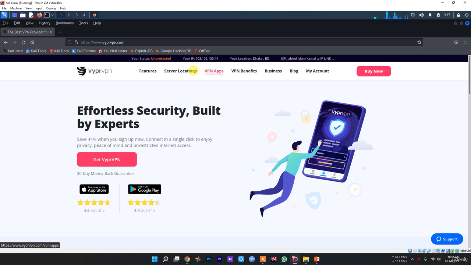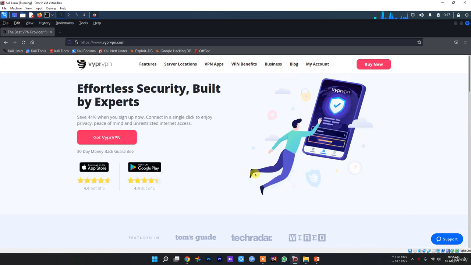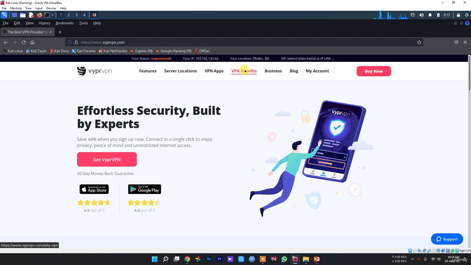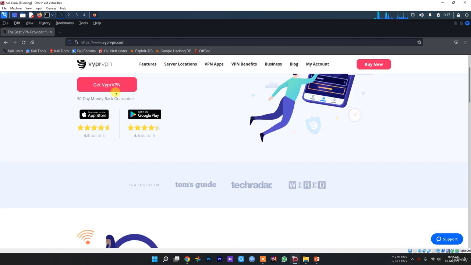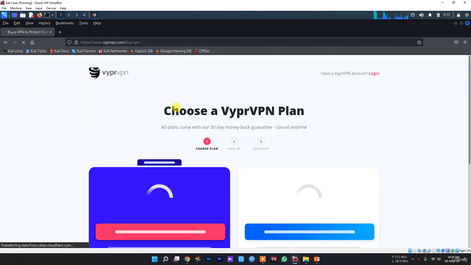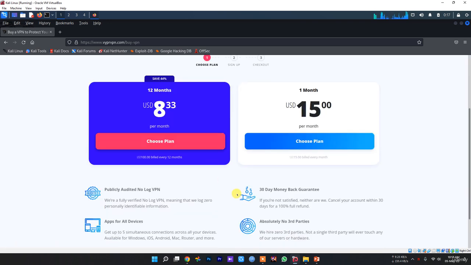So let's see the pricing. Features, benefits, get Viper VPN. Choose a plan. As you can see, it's higher than our previous VPN, which is Private Internet Access.